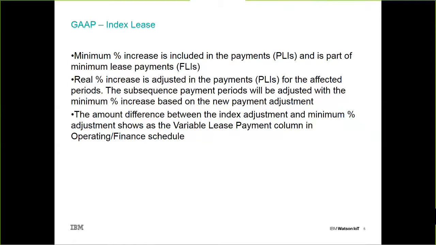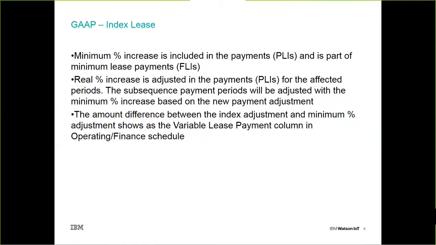And the subsequent payment periods will be adjusted using the minimum percent increase, but now based on the new payment adjustment. So the base rent is now increased based on the CPI adjustment. Therefore, the minimum percent increase for the subsequent year or frequency would be based on the new adjustment now. I will show you what I mean here in a minute in our demo system.